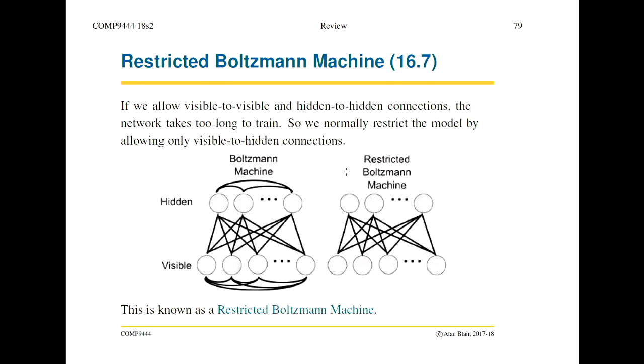This makes the updates a lot simpler because if I'm thinking about changing one node and I want to know whether it'll lower the energy or not, I only need to consider these values and not the other ones.